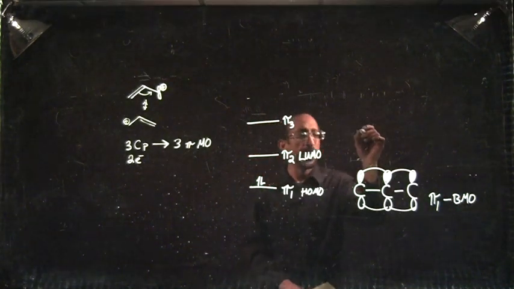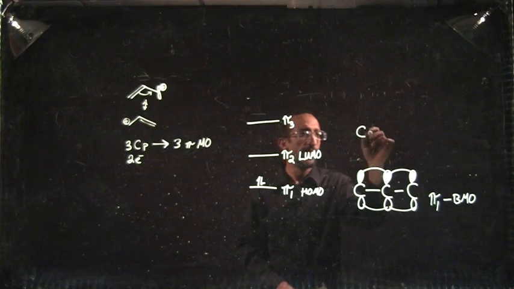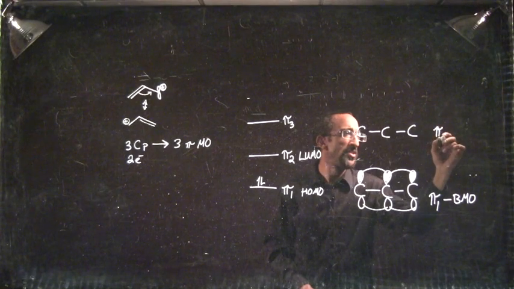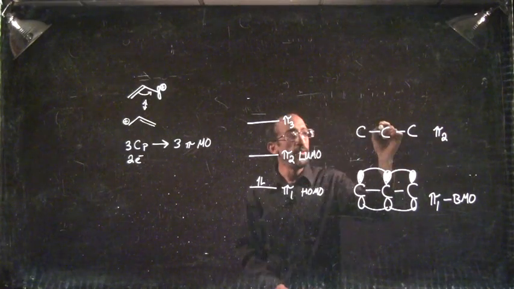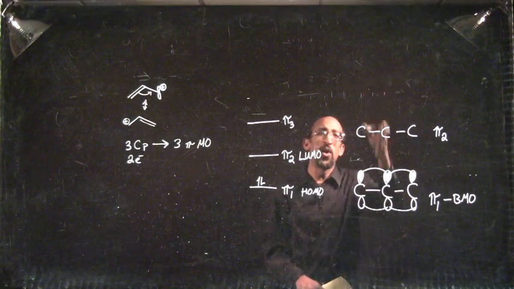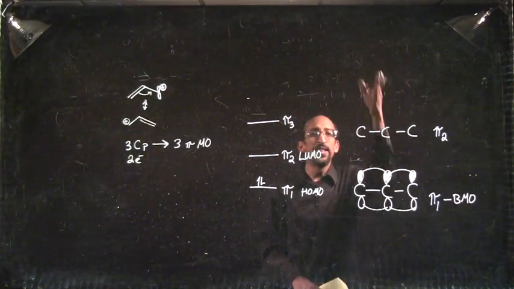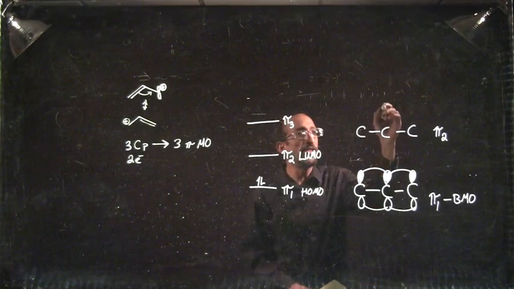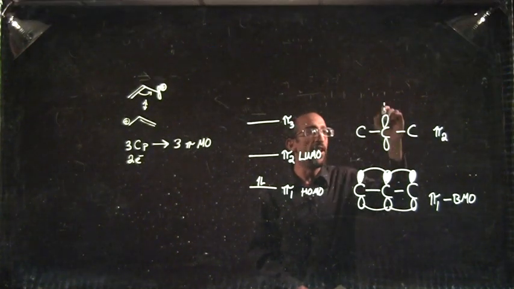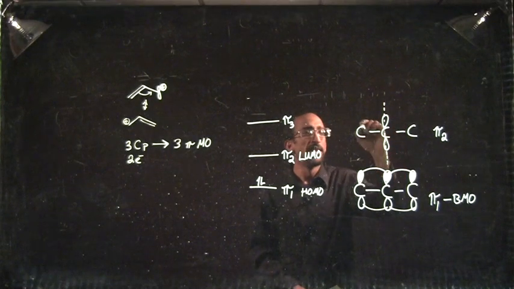When I come now to look at pi 2, so here now we're going to go take a look at pi 2. I need to figure out where I'm going to introduce my node. And my node needs, since I only have one node in pi 2, it needs to divide my system in half. And it turns out that node actually resides right on that central carbon atom.